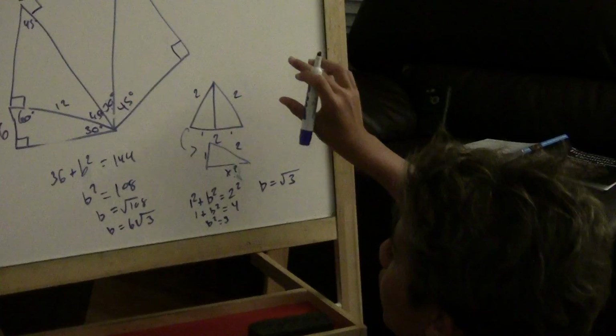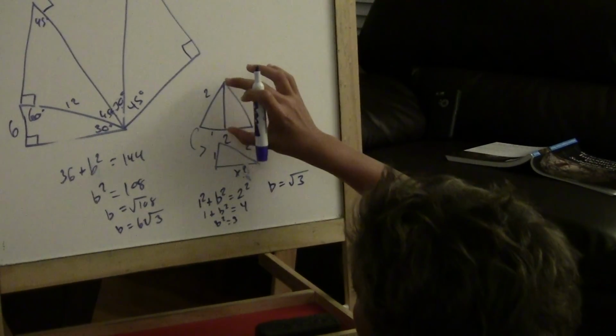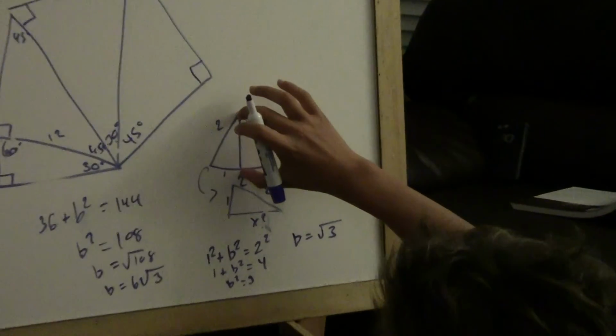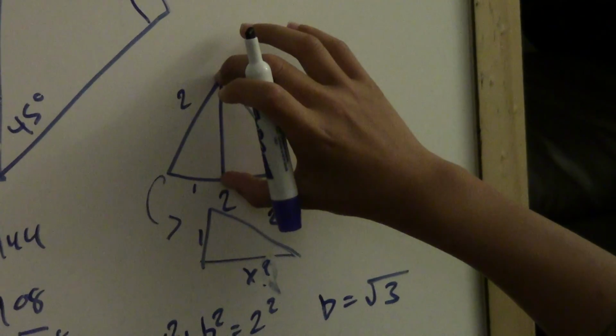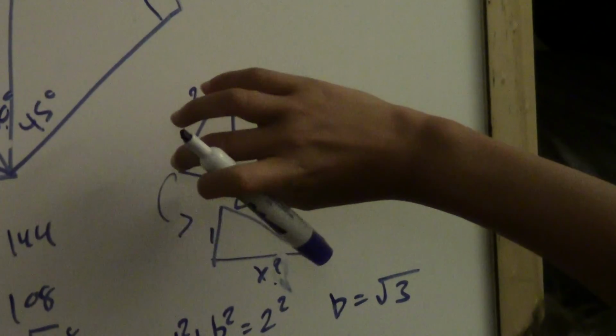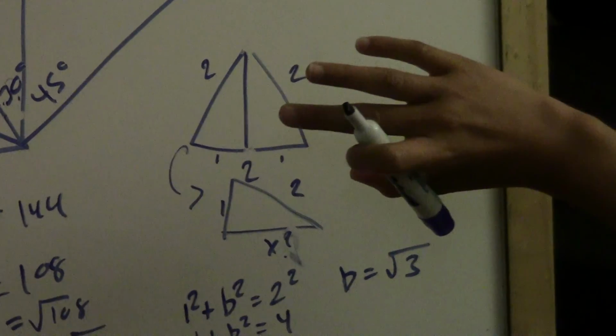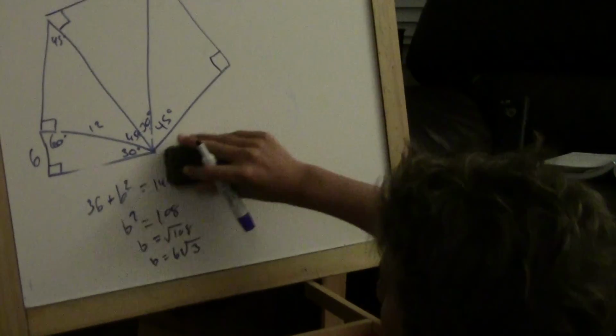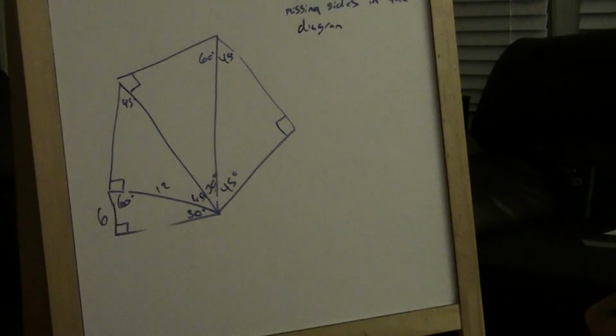So whatever this is, the middle line, the height, in other words, is always the square root of 3 times half of the base of an equilateral triangle, okay? So get that stuck in your brain. That's going to help you a lot.